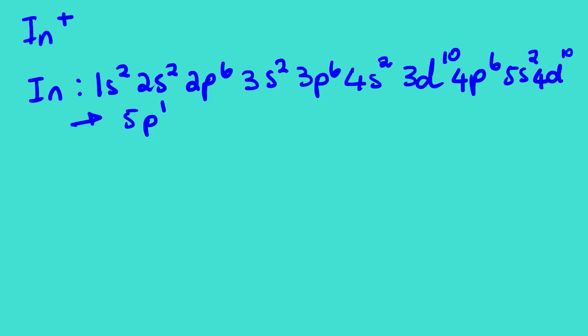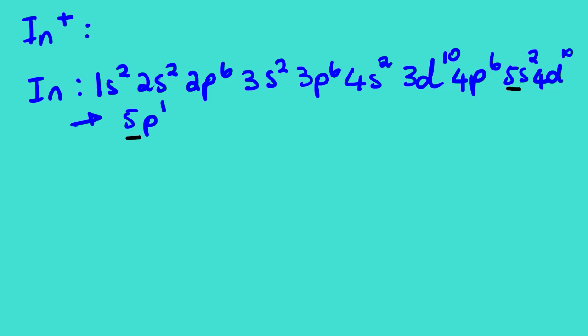So in this case, we want to remove one electron. So the question is, where are we going to remove that electron? Because we can see that we have 5p as the highest, and we have 5s2, two electrons, two orbitals from the same energy level.